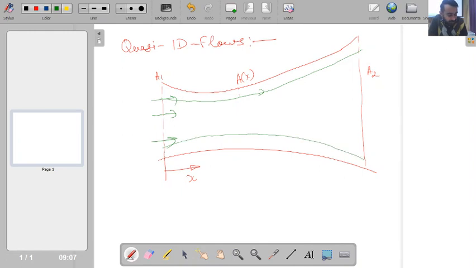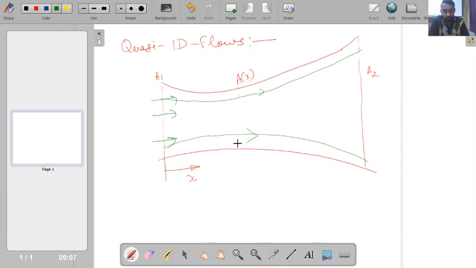So the fluid streamlines will be something like this. In this type of situation, the flow will have a two-dimensional or three-dimensional nature depending upon the localized effects.